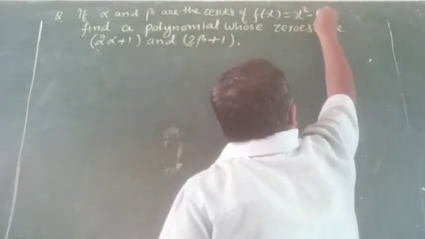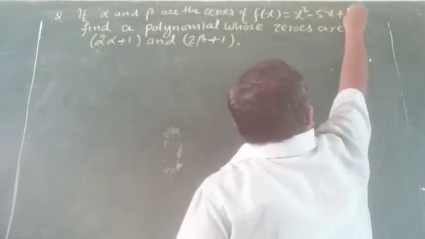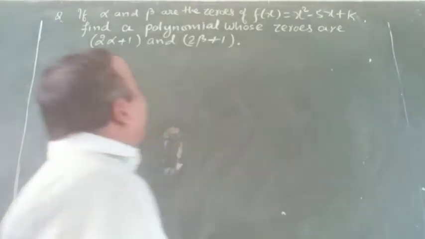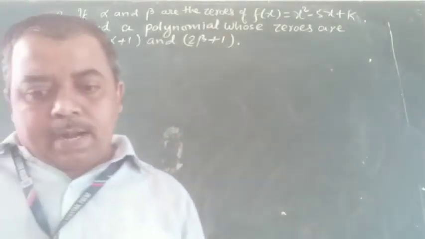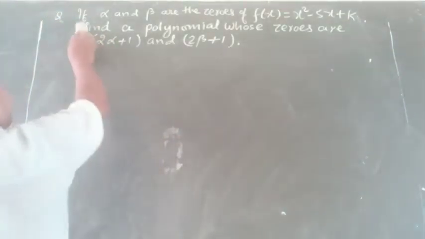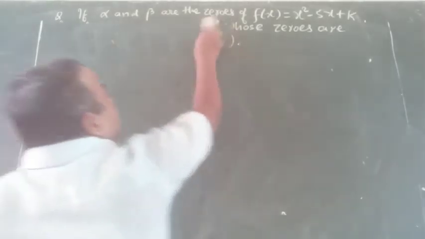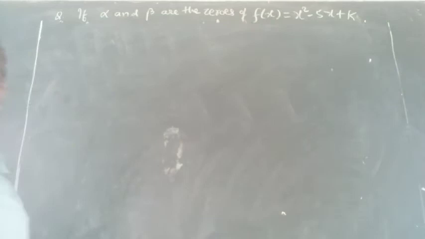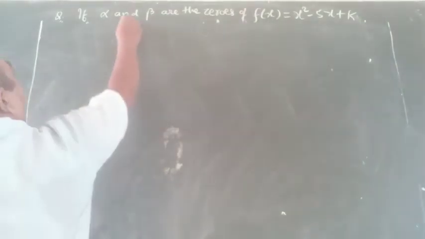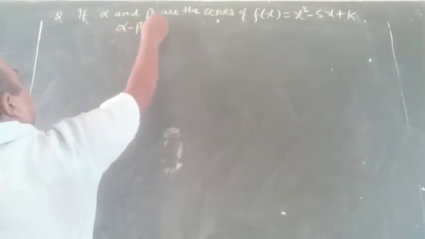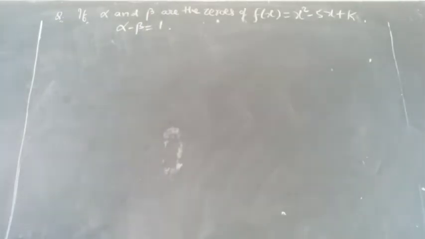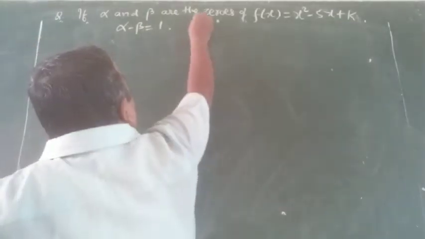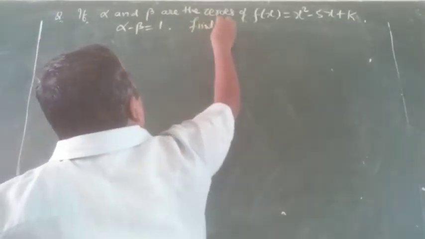Here one relation is given, that is alpha minus beta equal to 1. It is given. We want k. Find the value of k.